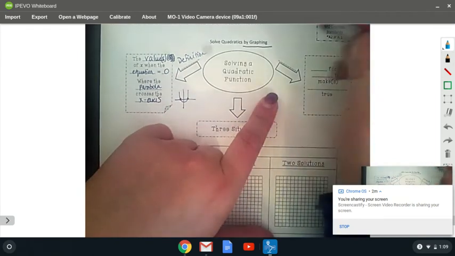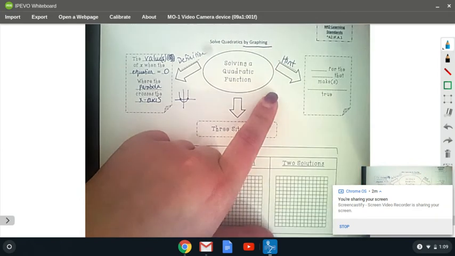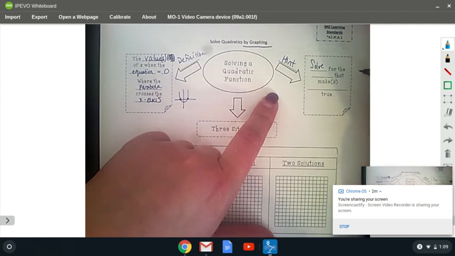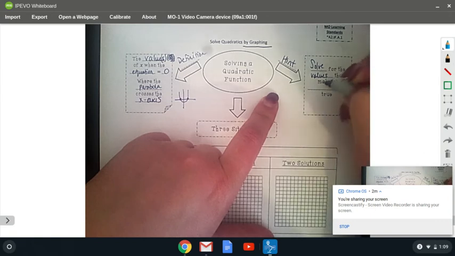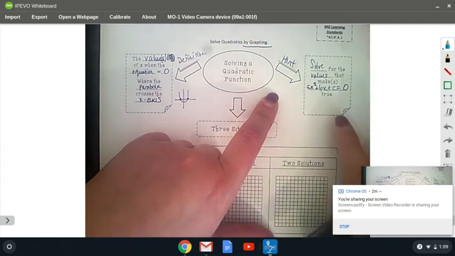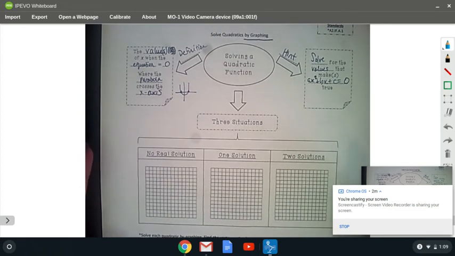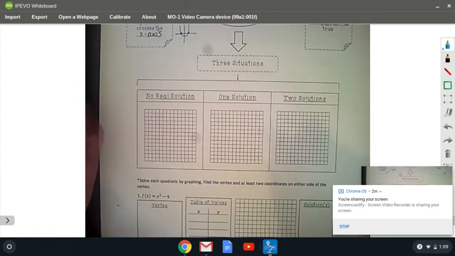This is also another little hint that you might need, is that you need to solve for the values that make ax squared plus bx plus c equal to 0 true. Okay, so basically we're just looking for what are the two values where our graph hits the x-axis.